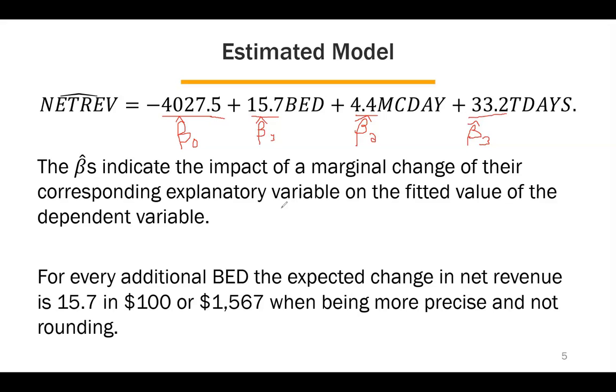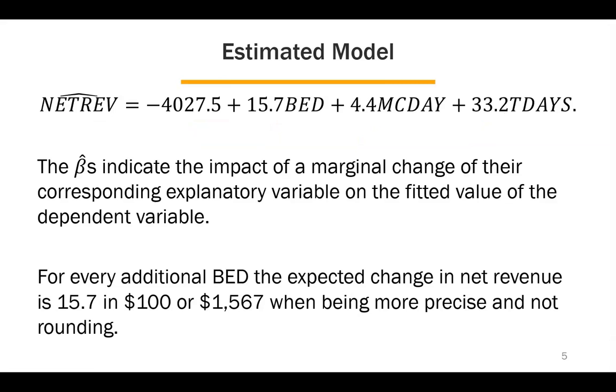So if bed changes by 1, then net revenue over here on the left-hand side is going to change by 15.7, and that's in hundreds of dollars. So that corresponds to $1,570, but I've written there 67 instead of 70, so $1,567, just being a little more precise. If you go back and look at the actual output, it was 15.67. Right, so that's how you read that.